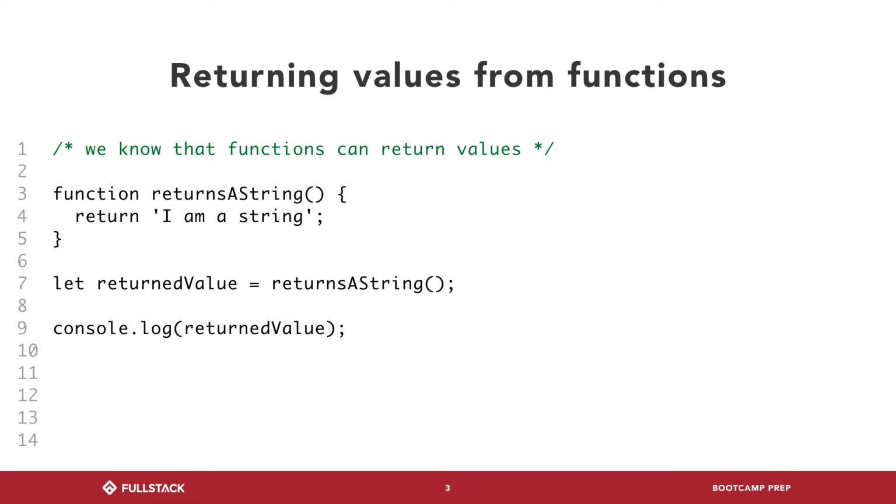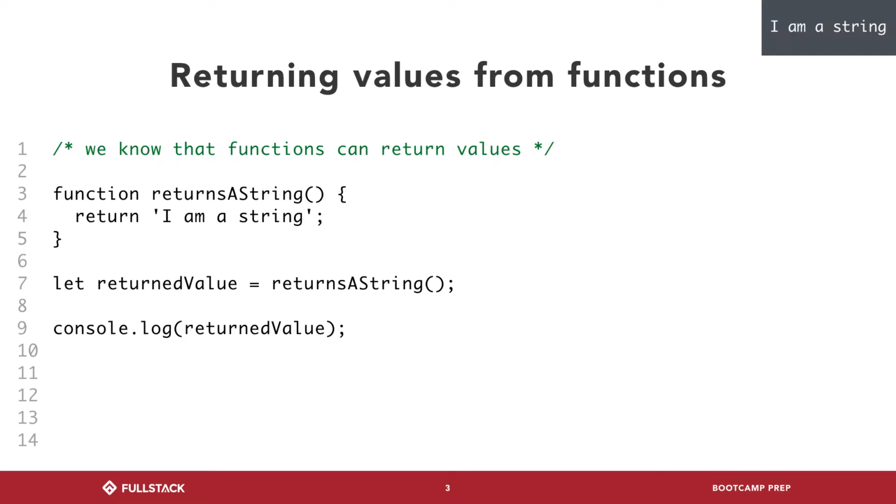If I don't, it's going to return a value, but I don't capture it anywhere. It just goes and disappears forever. So whenever you're doing anything that requires you to use whatever a function gives back to you, always be sure that you're storing it somewhere. Otherwise it defeats the purpose of running the function in the first place.